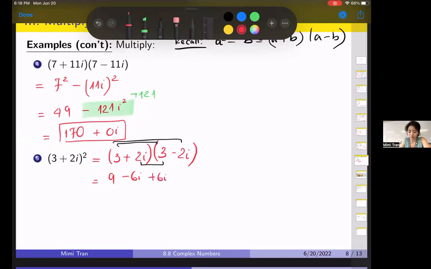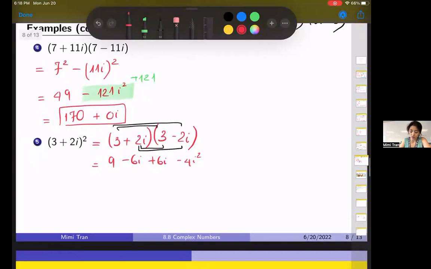And then 2i times negative 2i is negative 4i squared. Well, negative 4i squared becomes positive 4. We all agree that when you see an i squared, you convert that number into positive and you drop the i squared. So this becomes plus 4. 9 plus 4 is 13.